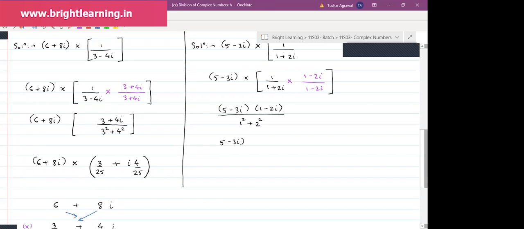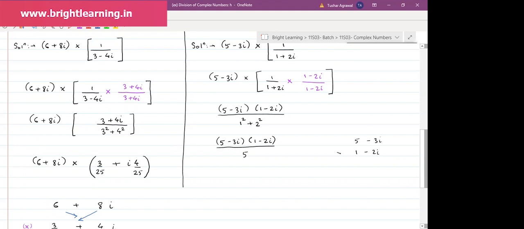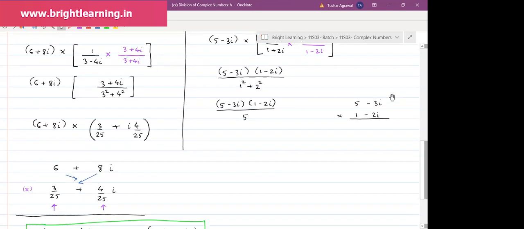Yes, sir. 5 minus 3i times 1 minus 2i upon 5. For the numerator multiplication, if you want, for convenience you can write it in vertical arrangement, but don't make it a habit. With practice, you should do so many multiplication sums that you get rid of this habit.